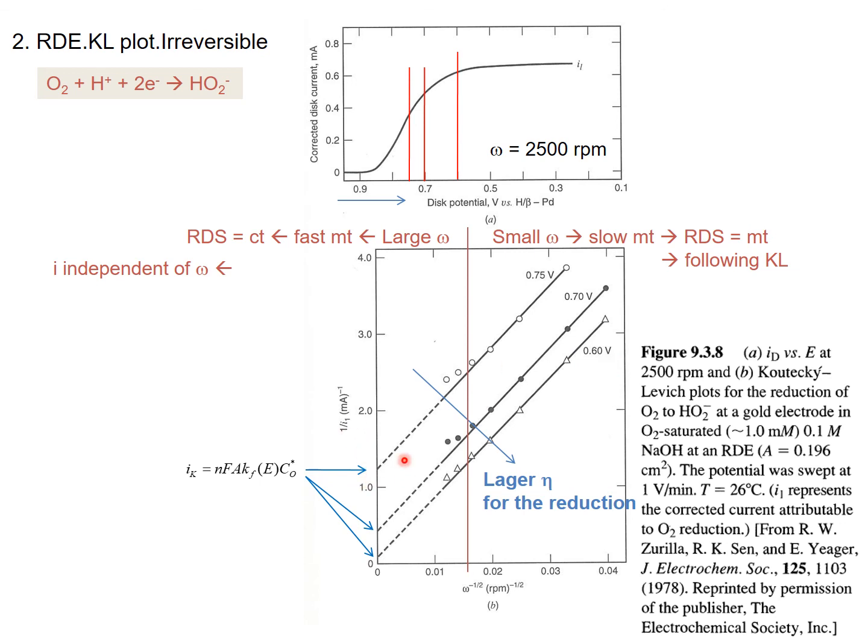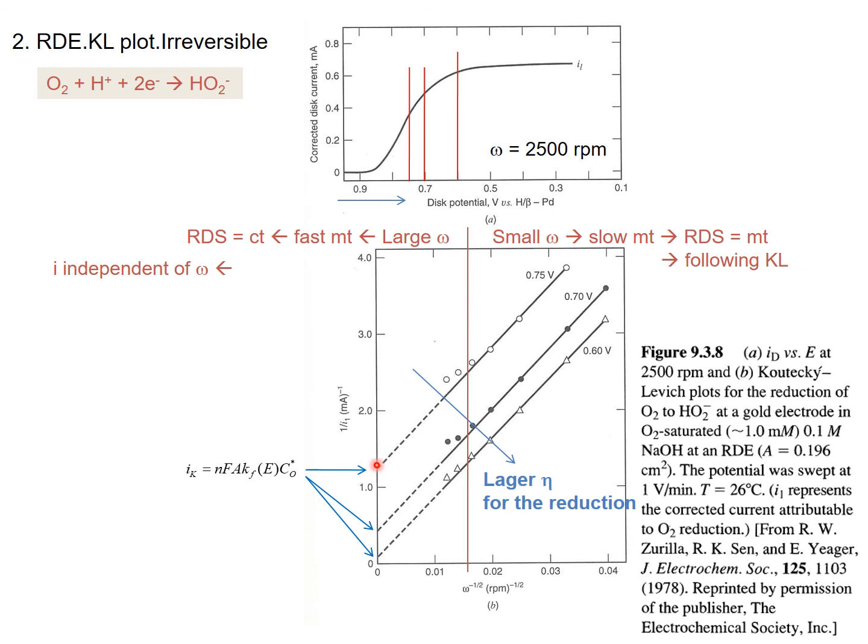However, the y-intercept increased significantly because I am sitting at the very low overpotential. So the kinetic current would have a very small value. So 1 over the kinetic current goes to a higher value here.